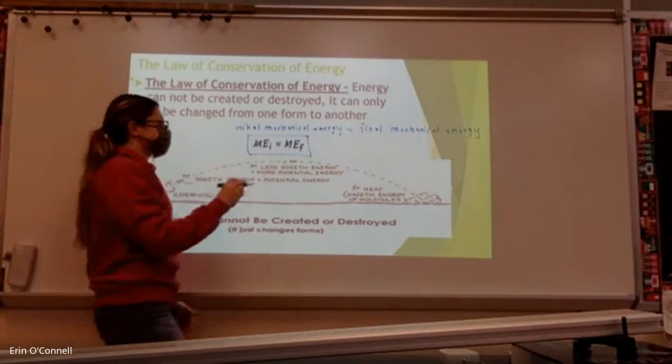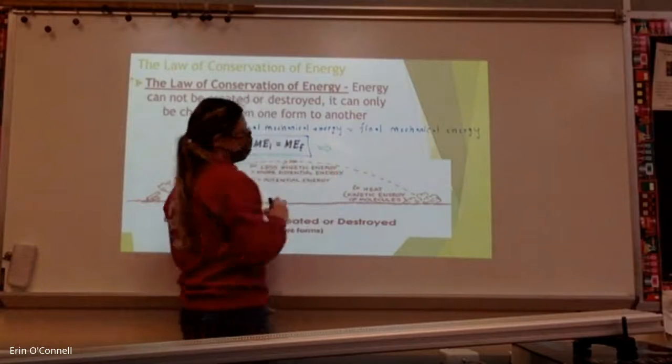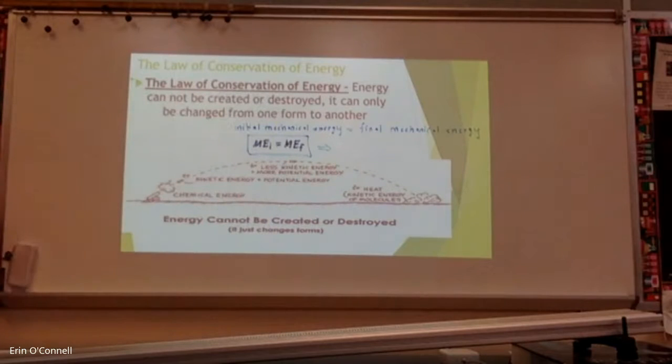And specifically, as we stated before, let's try to pay attention to that, right? Mechanical energy is an energy due to an object's position or its motion.